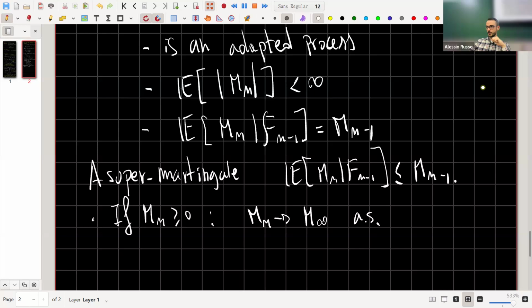And it's finite. What does this mean? It means that you cannot expect a supermartingale that is non-negative to explode.